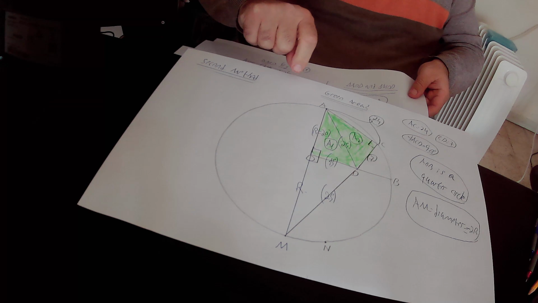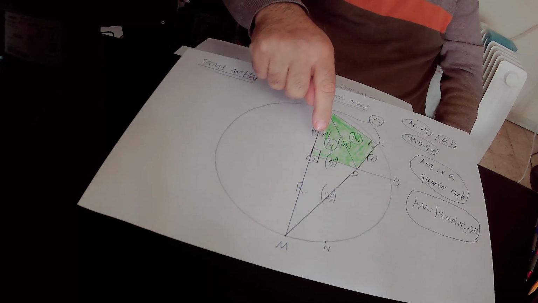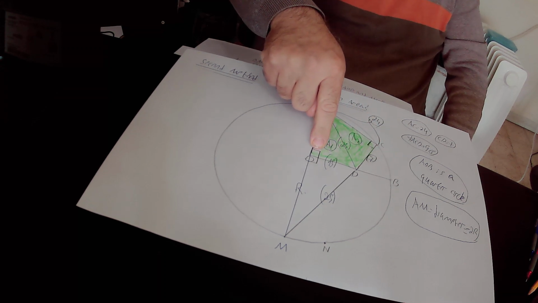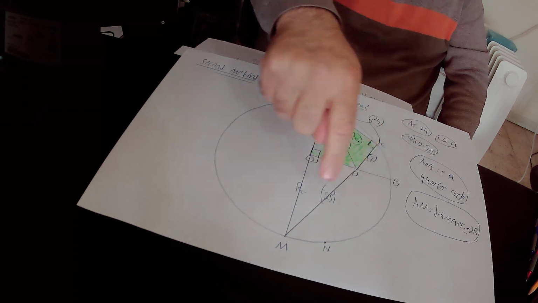Then we did the construction and completed the quarter circle to a circle. And we know that AOB is a quarter circle, therefore this angle AOB equals to 90 degrees, and point O is the center of this circle.